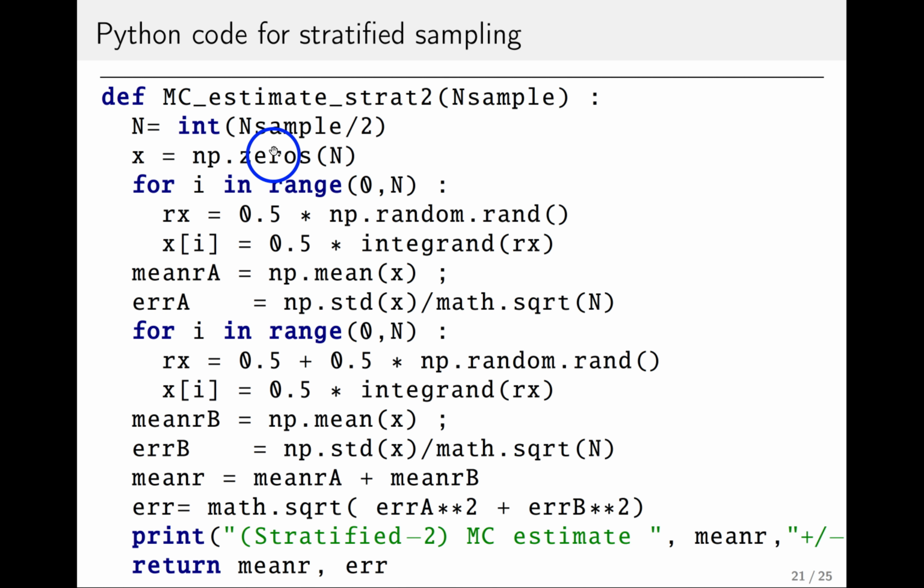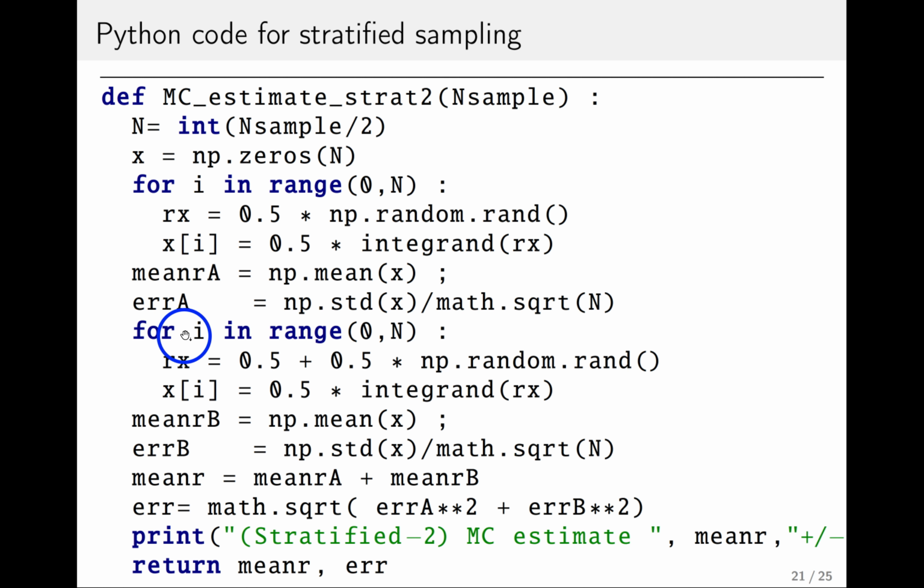So here we're doing the integral between 0 and a half. We generate random numbers between 0 and a half: this produces random numbers between 0 and 1, and the half scales them to between 0 and a half. Then there's the volume factor I mentioned at the beginning, 0.5 times the integrand. We store a vector of these values, take the mean for the first integral between 0 and a half, and then compute the standard deviation with the number of samples.